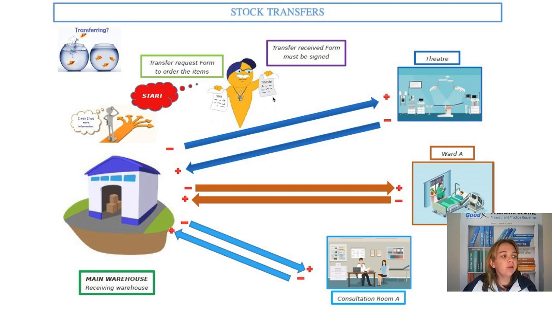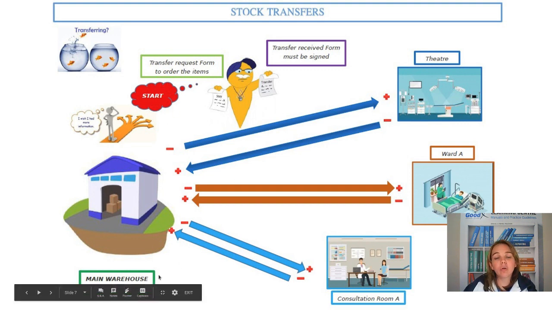Then you have the stock order. The order is approved or not, and then it will be transferred to the correct warehouses. So the main warehouse will be decreased and the other warehouses where the stock is transferred to will be increased.